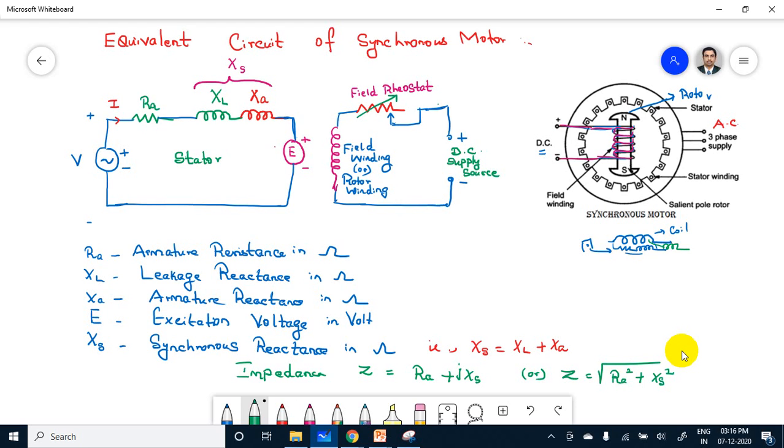Then the current flowing from this DC supply, which I am mentioning here as IDC, only enters into the rotor.